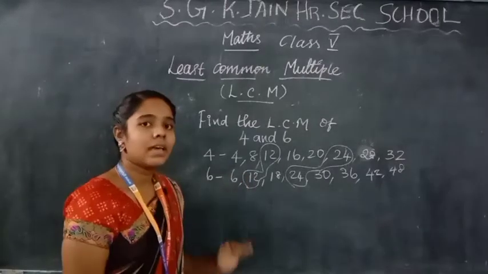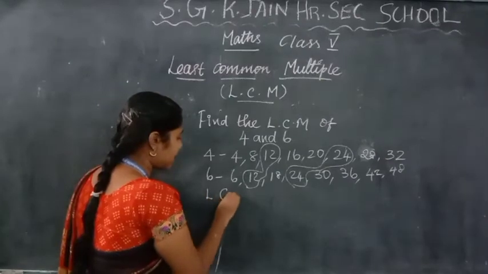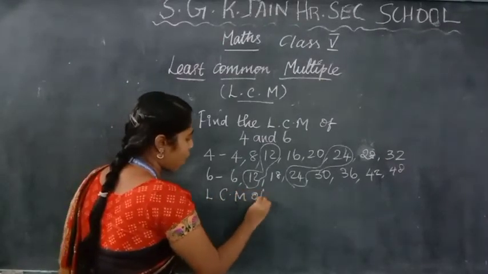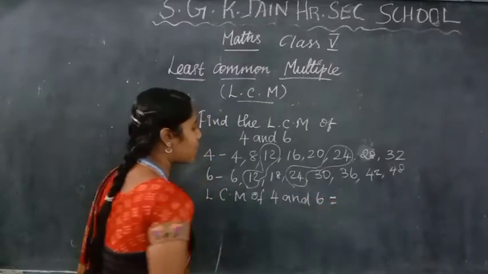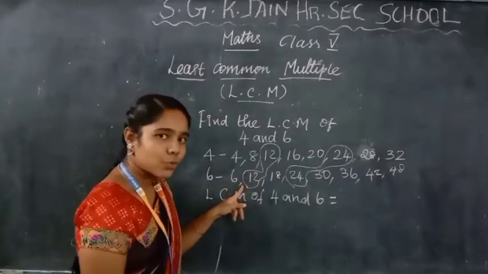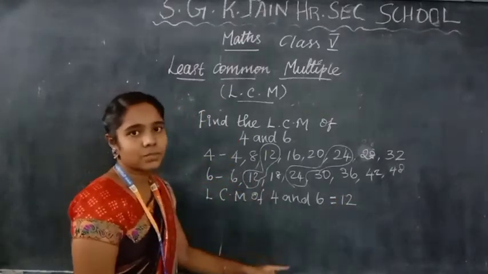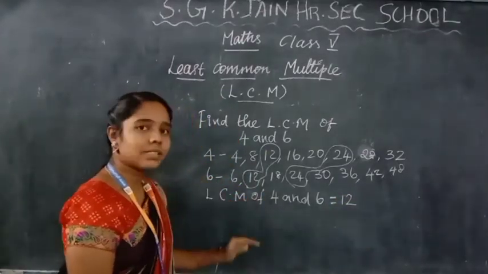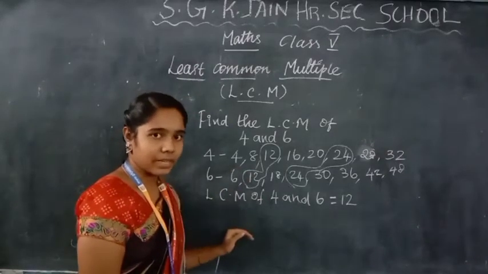Yes, 12 is the smaller number, right? So what is the LCM? The least common multiple of 4 and 6 is 12. This is the first method to find the least common multiple of given numbers.